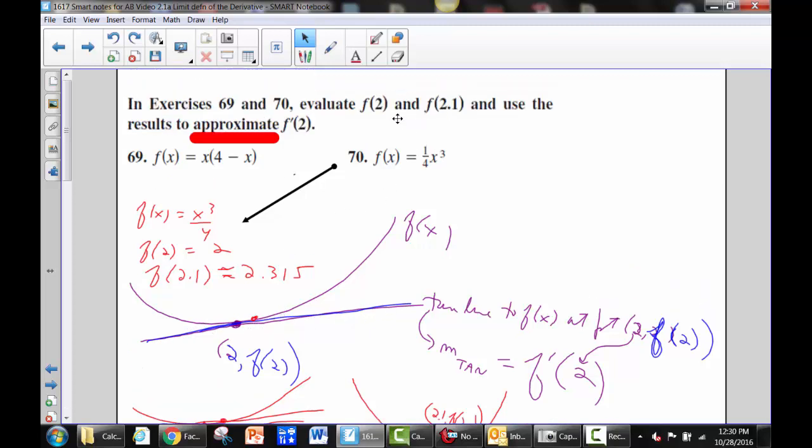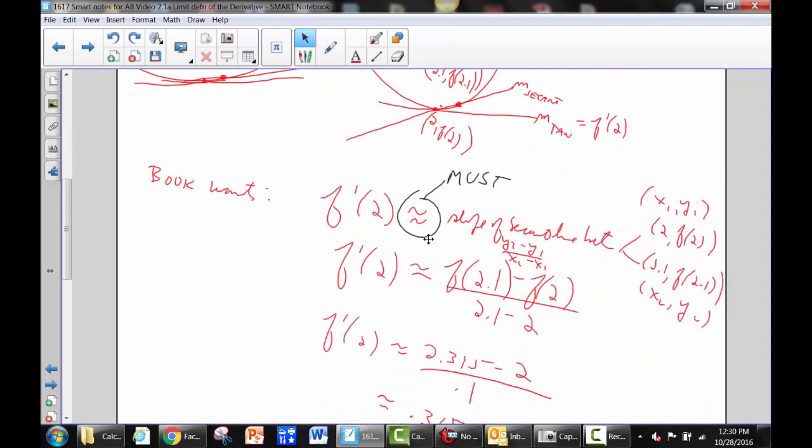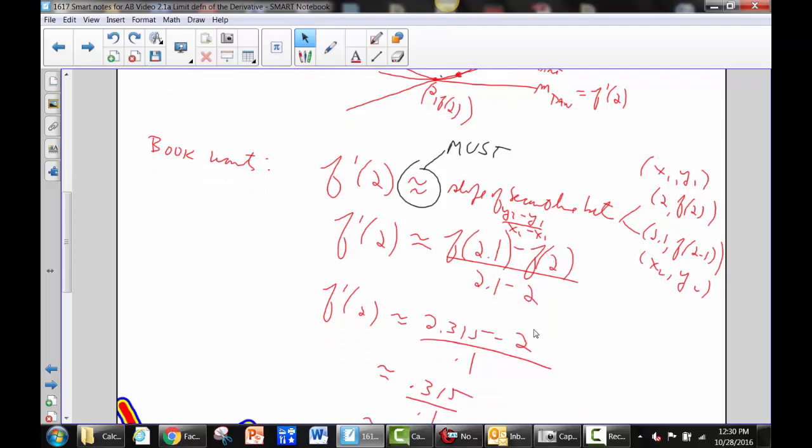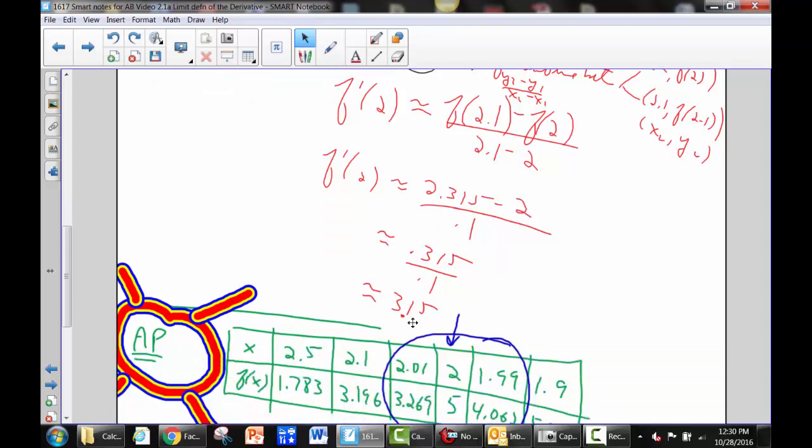Now, if these two x values were not close together, I would get a lousy approximation. So what we're going to do is find the slope of the secant line between those 2 points, which is f of 2.1 minus f of 2 over 2.1 minus 2. We found these two values up above, and we get an approximation of 3.15.